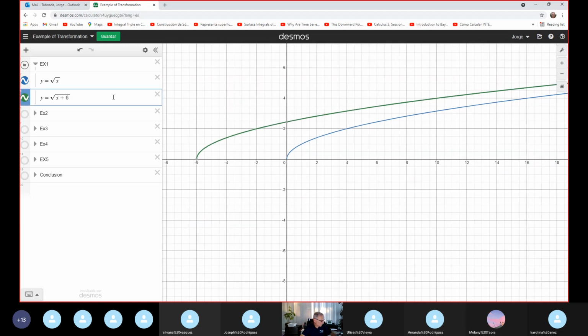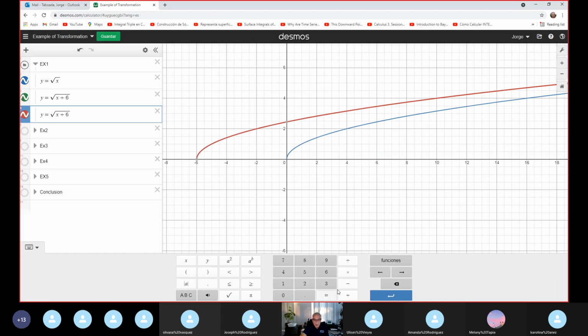Using another line, I want to copy this. Highlight, select, Control C, Control V. So you want to see the process step by step. Outside the radical, you put minus 5. Boom. And what is my final answer?